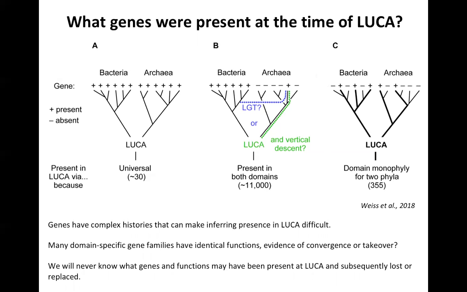That being said, this is inherently a question that is going to have an unknowable component, because we know that gene families are lost within lineages today. The same thing must have been true early in the history of life. And so this presence-absence or comparative model for reconstructing what genes are in and not in LUCA is useful, but also has very clear limitations.